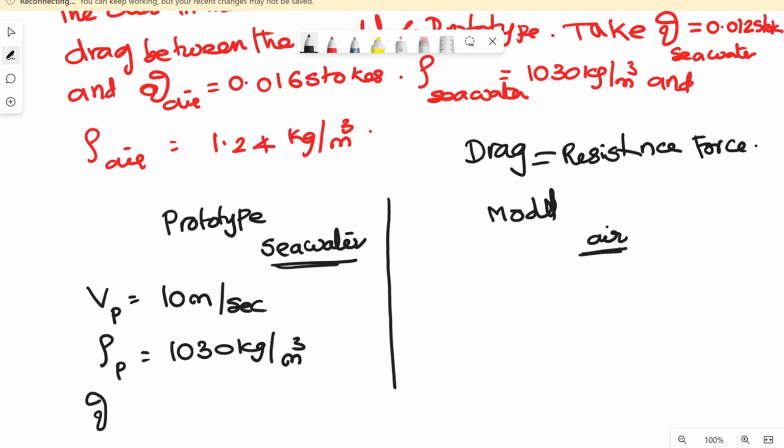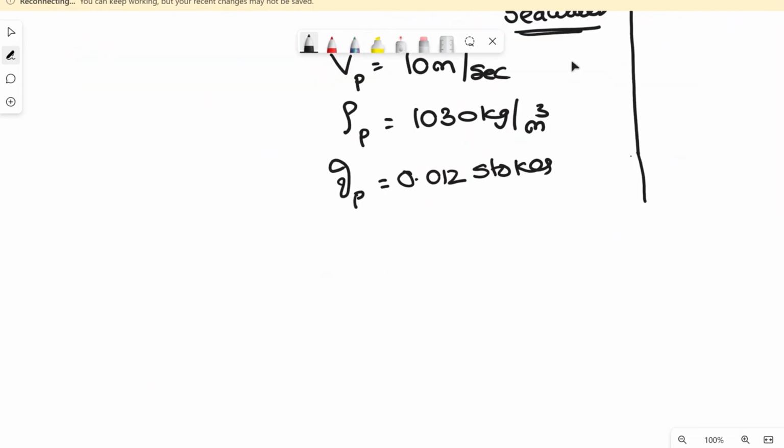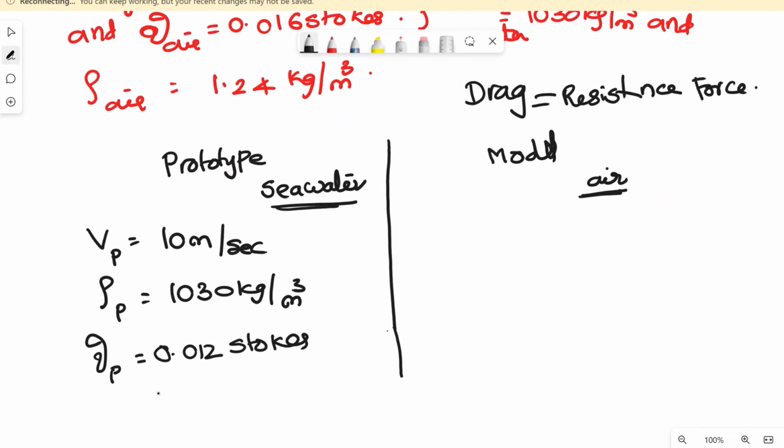Similarly, nu, the kinematic viscosity for the seawater, is 0.012 Stokes, so 0.012 into 10 to the power of minus 4 meters square per second. So this is the prototype data.